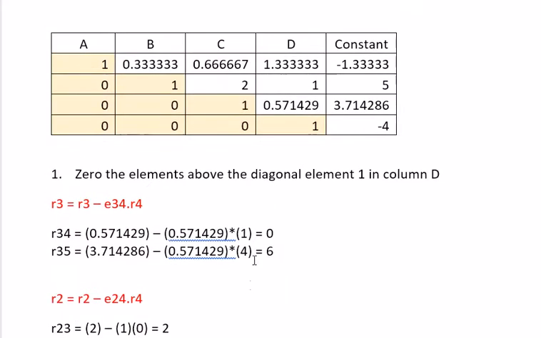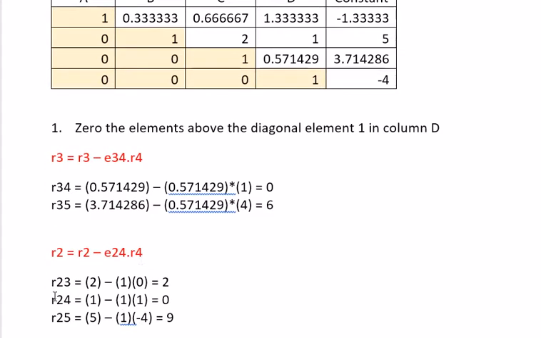The next step is to make this element 1 equal to 0. And how do we do that? Using the formula, since 1 is located in row 2, column 4, the formula will be R2 minus the element in the second row, fourth column, times the element in row 4.